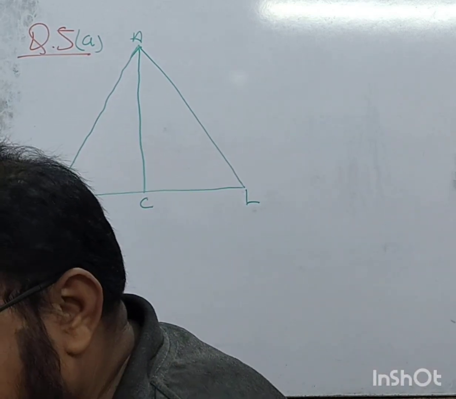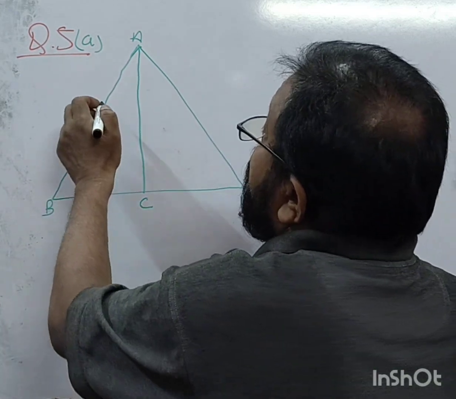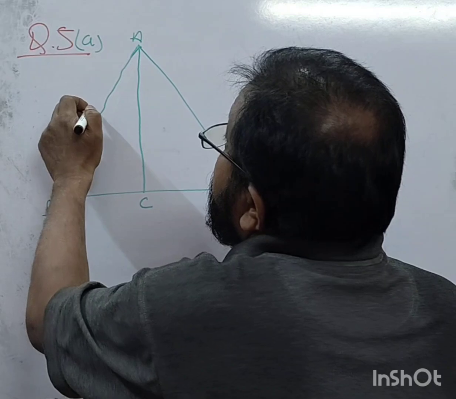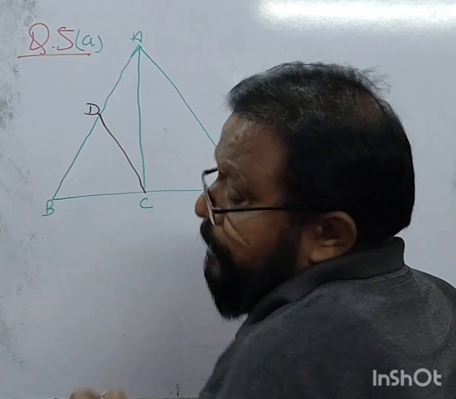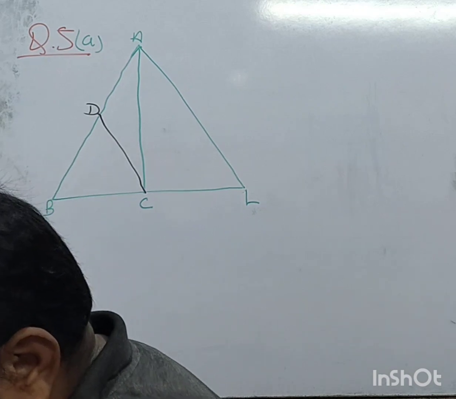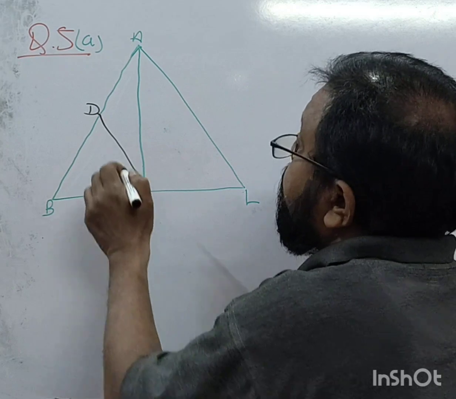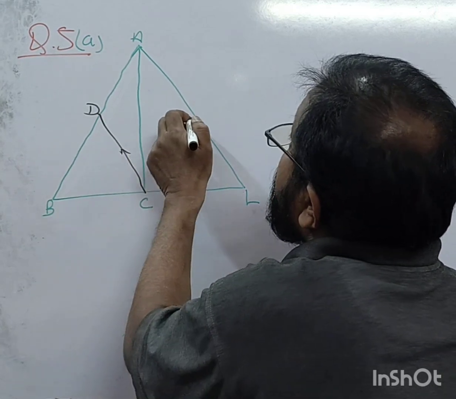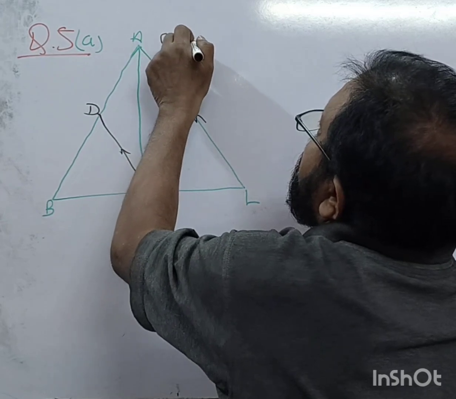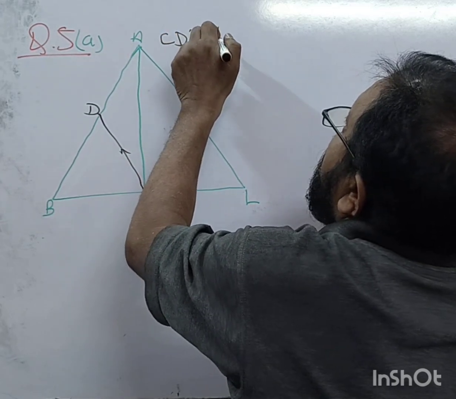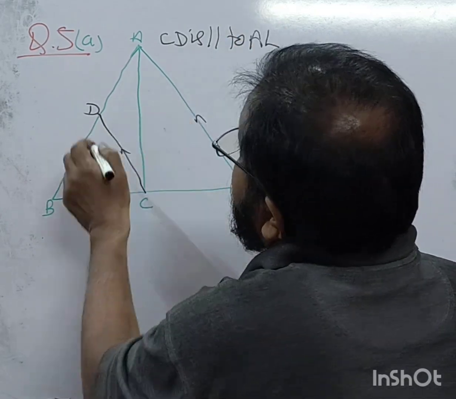So CD, there is a line, there is a point C, there is a point D here. So we draw CD. CD is parallel to AL, right? They are parallel.